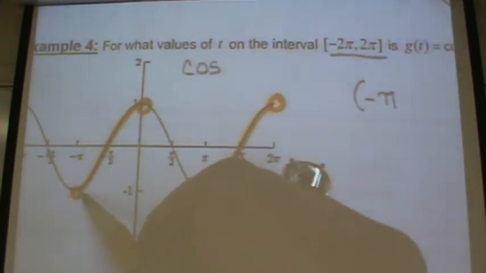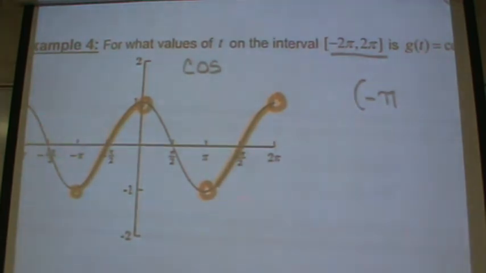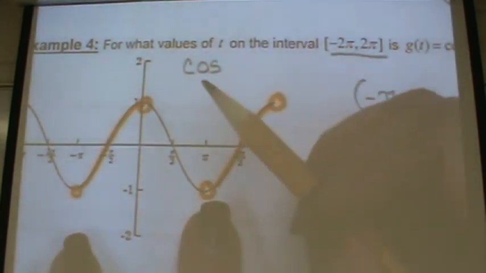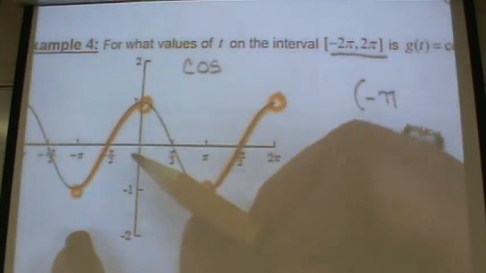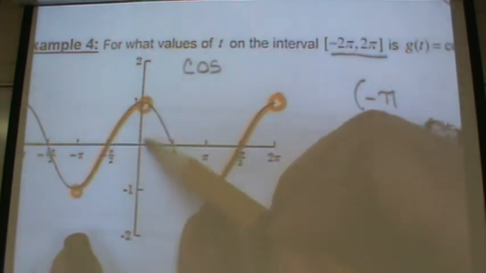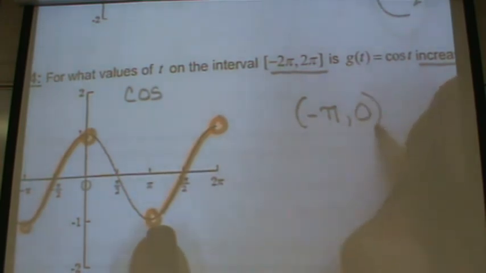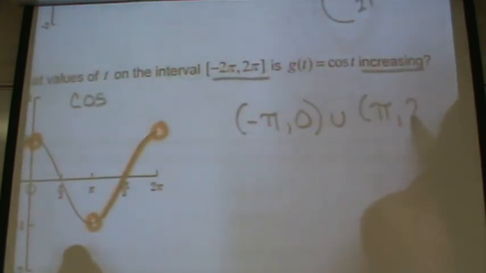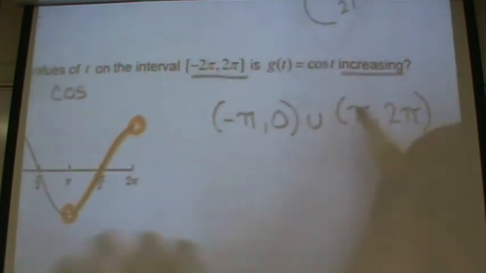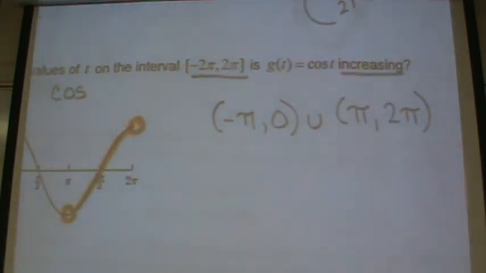It's constant, right? Remember we did these in chapter 3? So from here to here, what's this number right here? 0. And from pi to 2 pi. That's the intervals where it's increasing. Do you remember? Is it coming back a little bit?